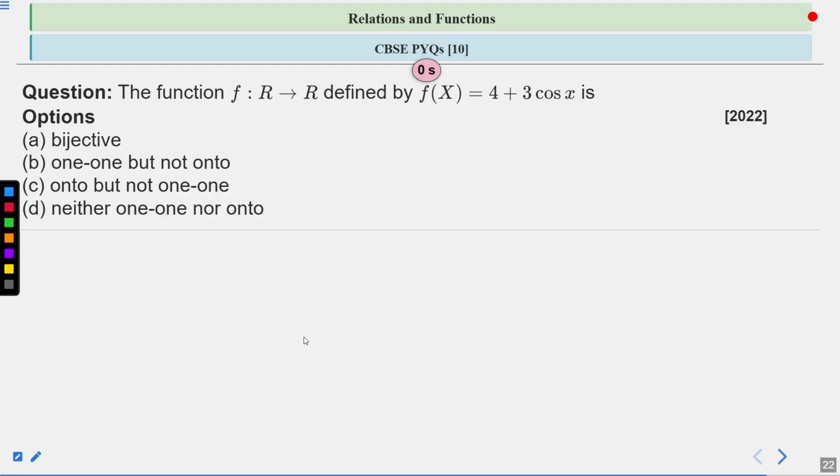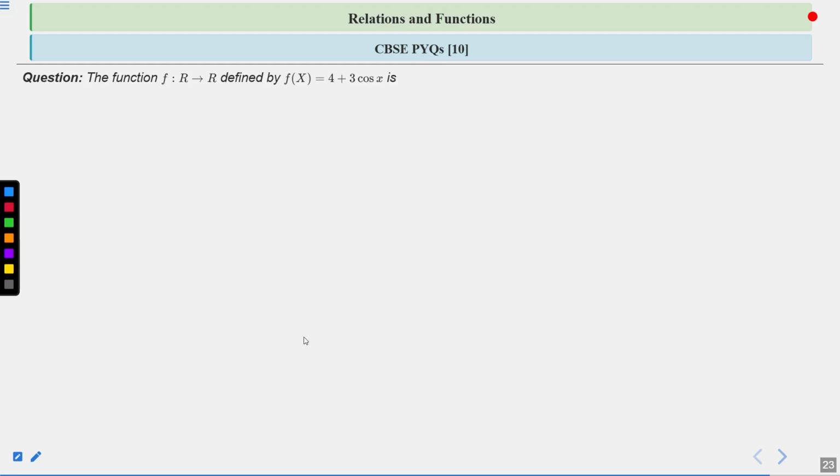Okay, let's move to the solution part. The function is defined as f from R to R by f(x) is equal to 4 plus 3 cos x. So the answer will be D, that is neither one-one nor onto. D will be the right answer.